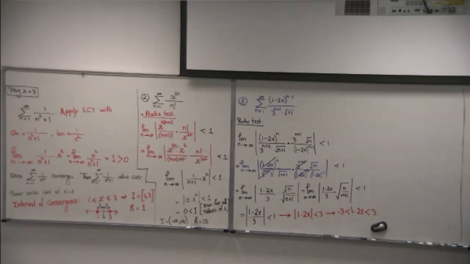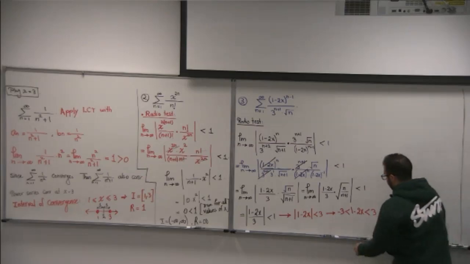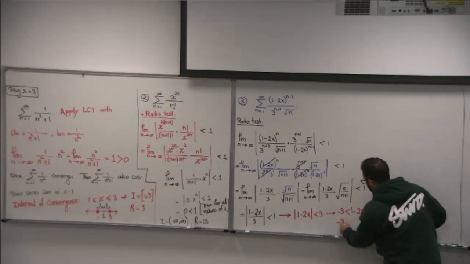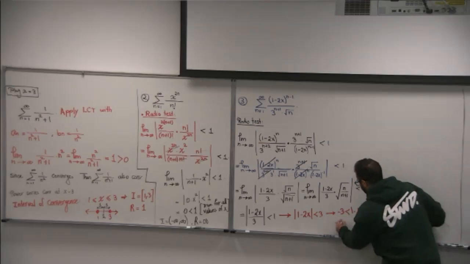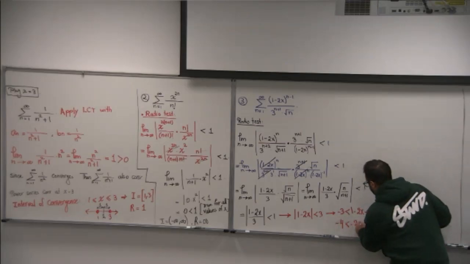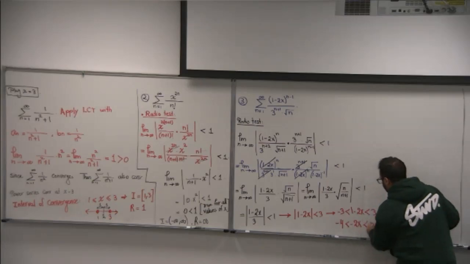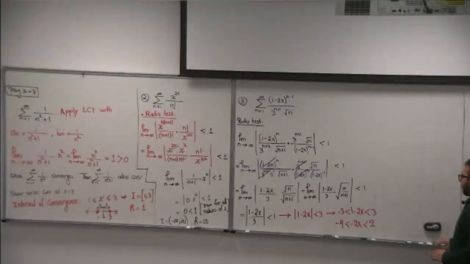Or, what you can do, you could take minus 1 out. So you could subtract 1 first. So what do you get? You get minus 4, and then 2 here.